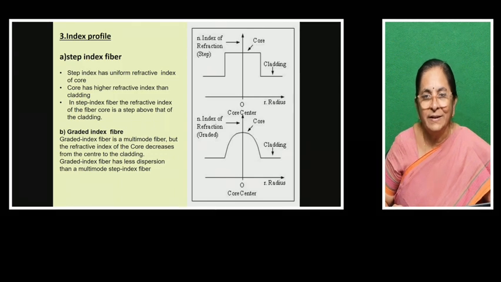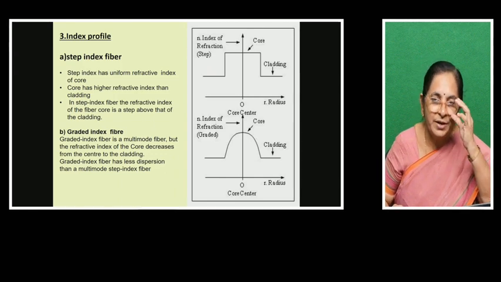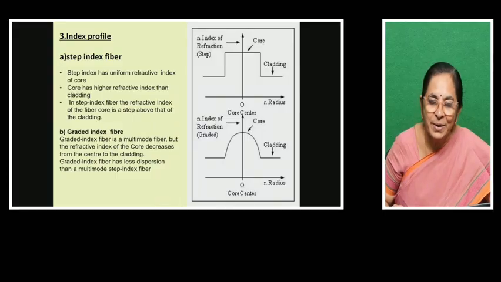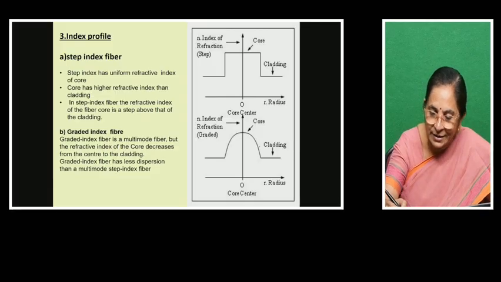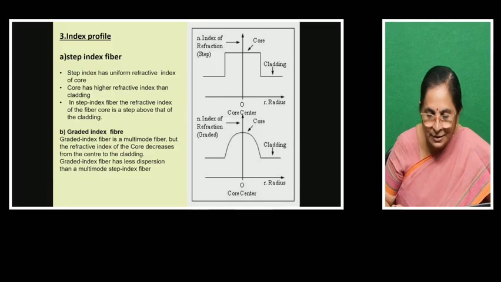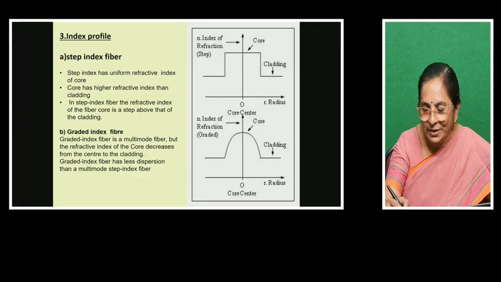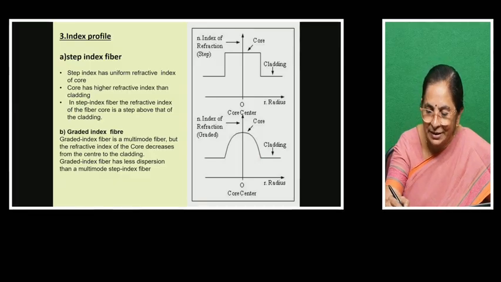In the previous slide we said that multi-mode fiber means many signals can be passed through the cable, but there will be dispersion. So if we design properly, so that the multi-mode cable becomes a graded index profile, then the refractive index of the core will be varying from the center to the cladding.